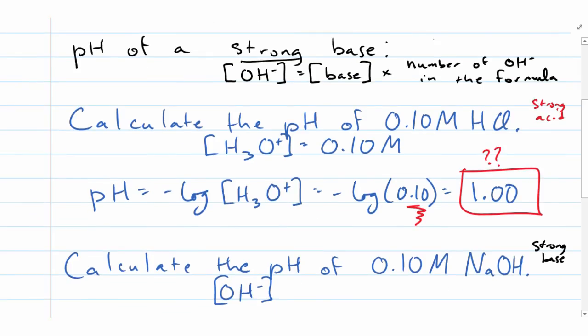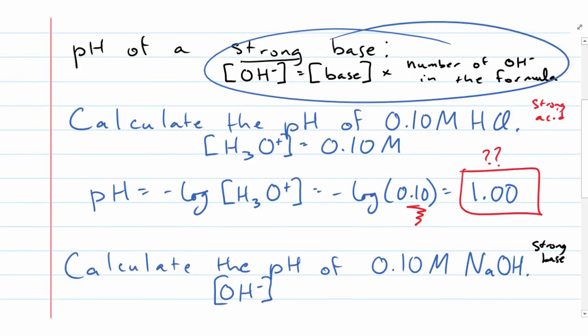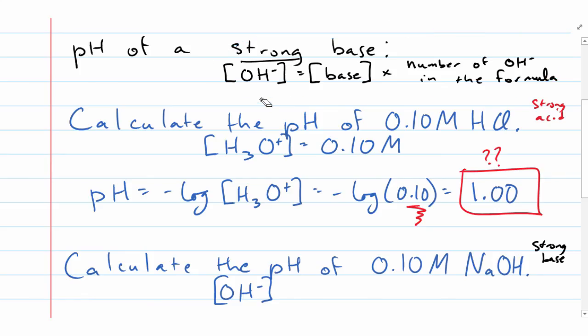We take the concentration of the base and multiply it by the number of hydroxide ions in the formula. Well, the concentration of the base is 0.10 molar. And how many hydroxide ions are in this formula? 1. Just 1. So we're going to take 0.10, multiply it by 1, and we get 0.10 molar.